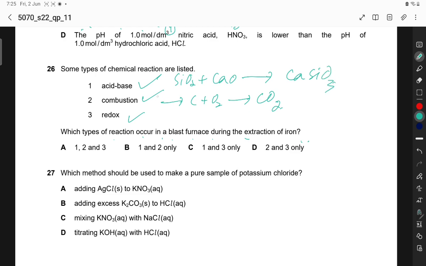This is an acid base reaction, and this is also a redox reaction: carbon dioxide plus carbon to form carbon monoxide. And the second redox reaction is Fe2O3 plus CO to form iron. This is also redox, CO2.